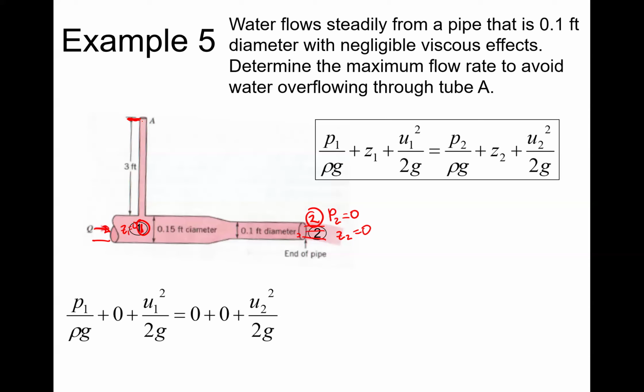Therefore, you cannot select, say, point 1 here. There is no flow here, so you cannot do a Bernoulli between a point that is not moving and a point that is moving. So going back here, I'm trying to find a velocity, and I have two unknown velocities and a pressure.